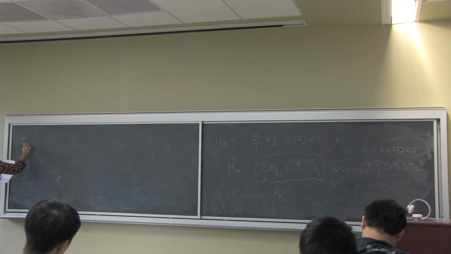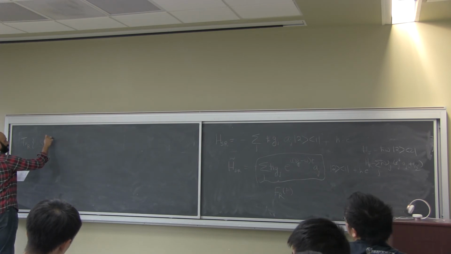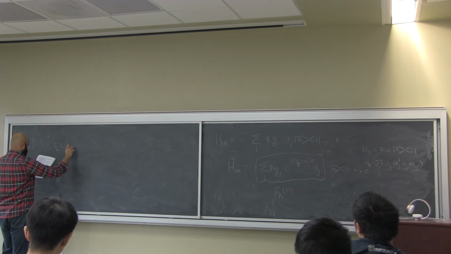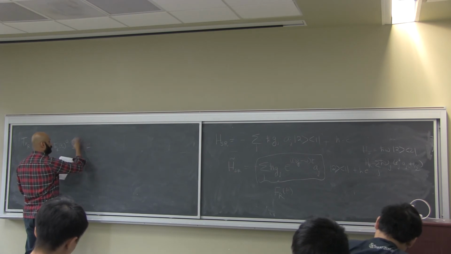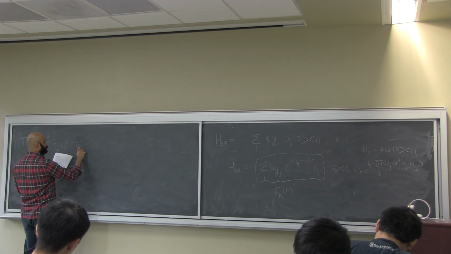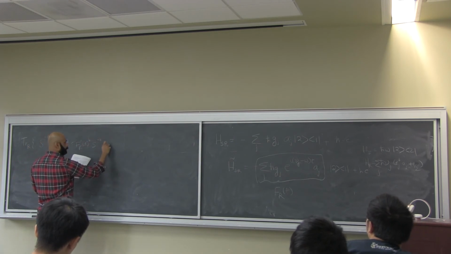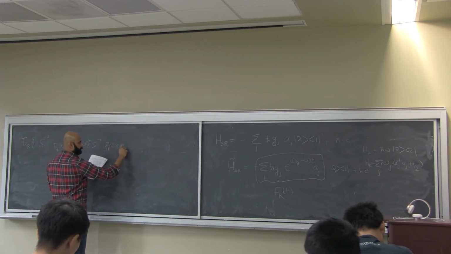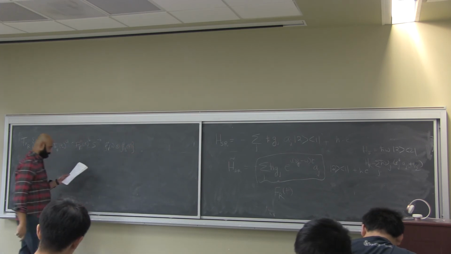So a typical term in this expression will have the trace over the reservoir variables times s to the minus a, FR of t to the power a, s to the minus b, FR of t to the b, s to the minus b, rho R of 0 times rho S of t prime.